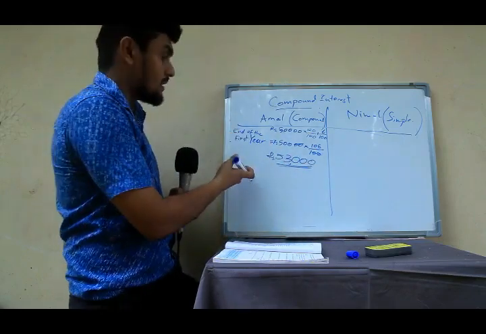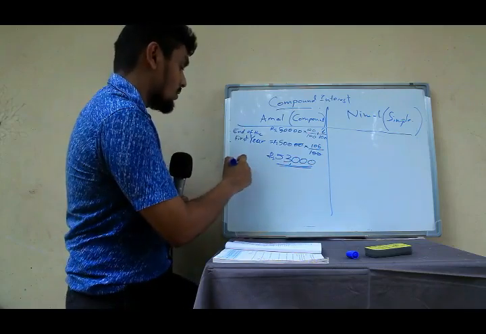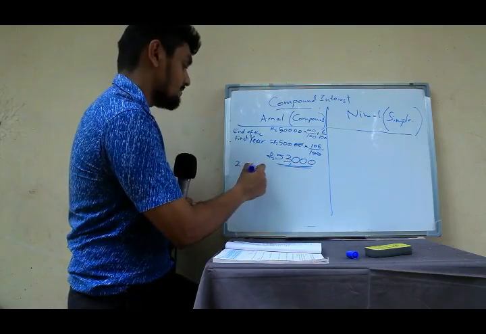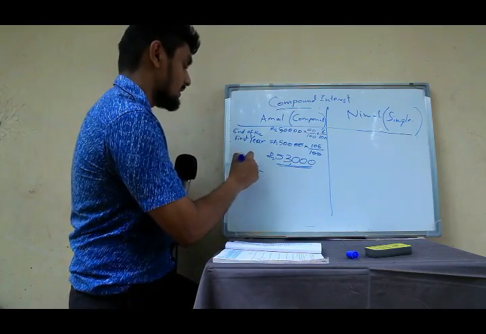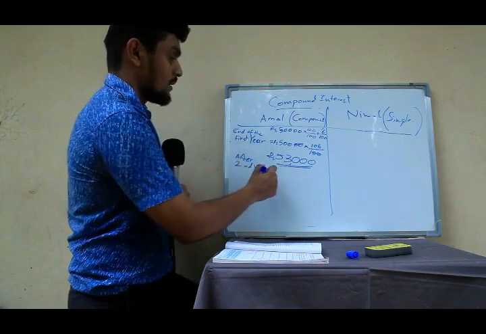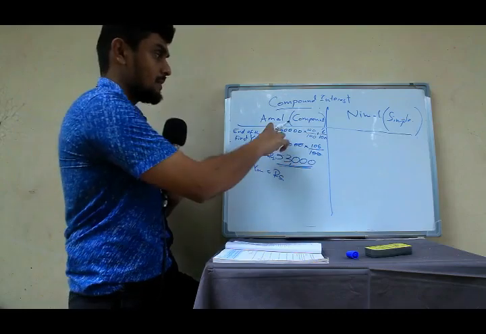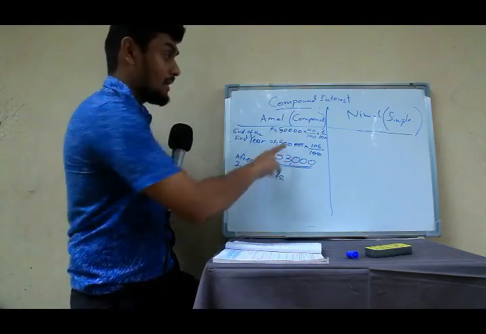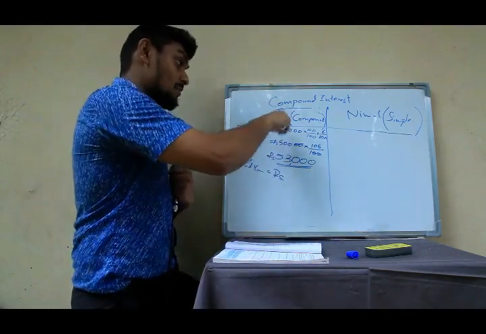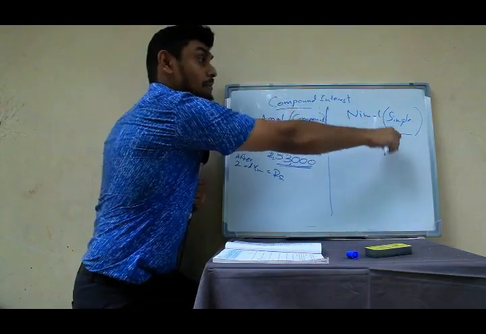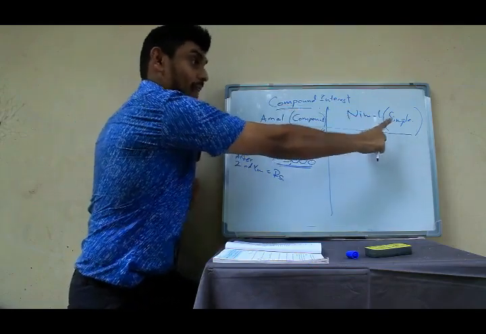Then this one means after the first year. Then go for the second year. After the second year, what is the value? Now we should not apply this 50,000. Why? We get the 50,000 in the simple rate.